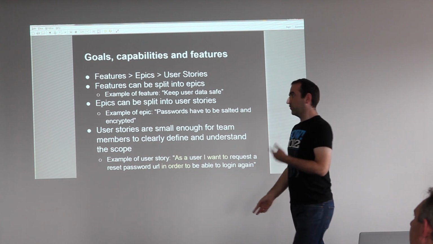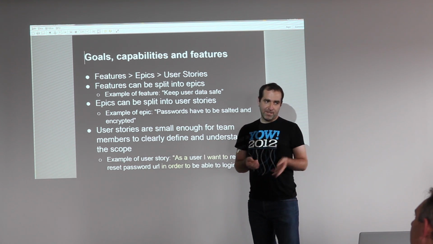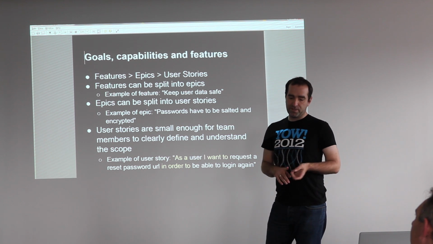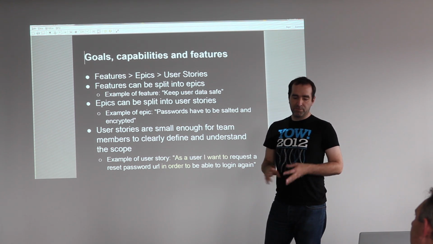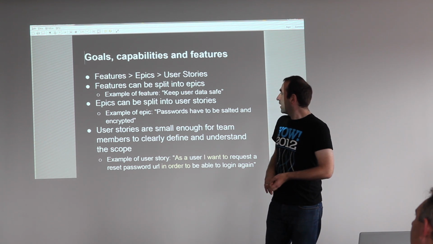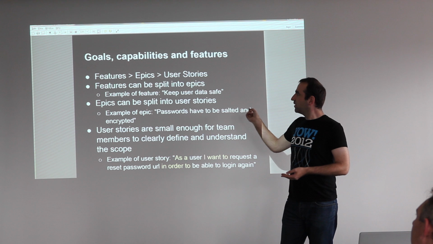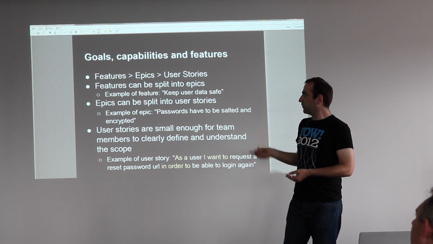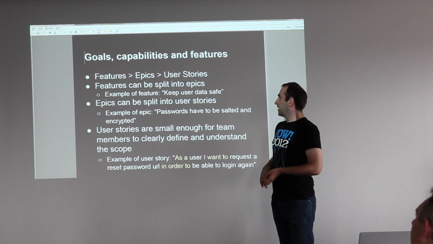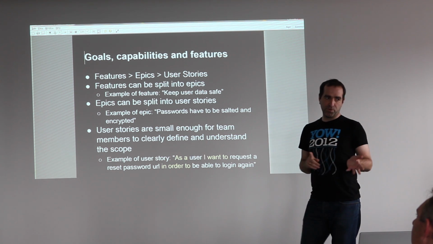So, as I said before, a feature can be adding a user, but it's a very broad concept. So then the author suggests that features should be split into smaller things that are called epics. An example of a feature, for example, keep user data safe. Within that feature, we can come up with an epic. For example, passwords have to be salted and encrypted, which is still quite broad.